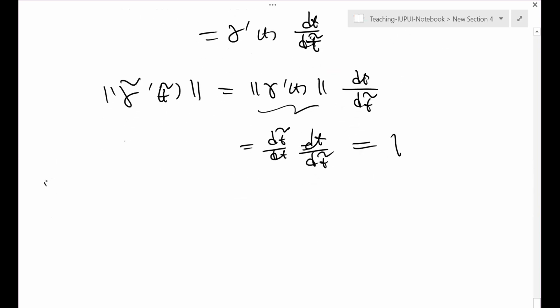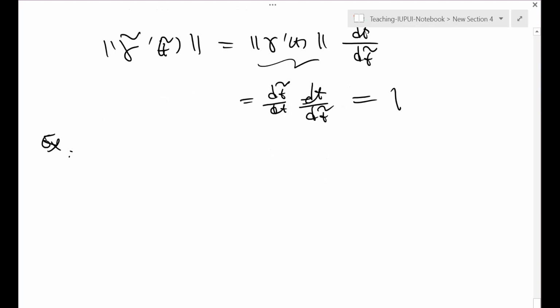Let's take a look at an example. Okay, here's the example. Gamma t equals r cosine t, r sine t. Right.